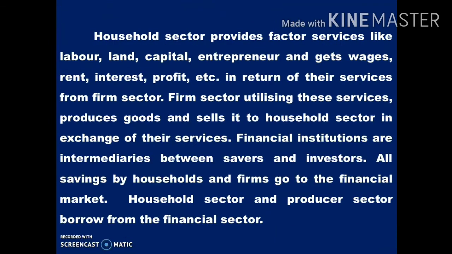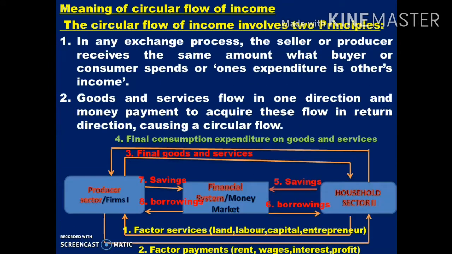Next, goods and services flow in one direction and money payments to acquire these flow in the return direction, causing a circular flow. So goods and services flow in one direction and in return they are getting money payments to acquire them.